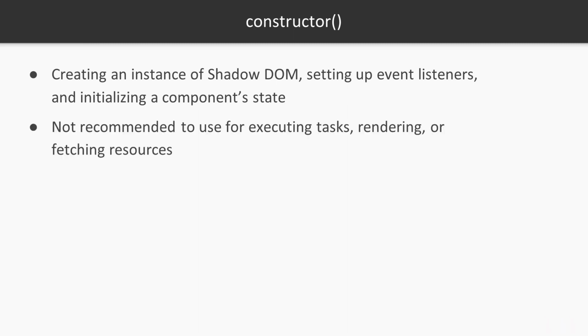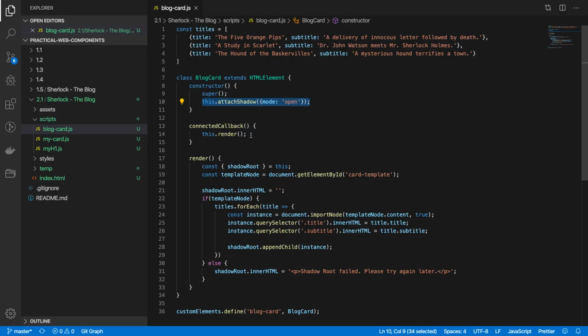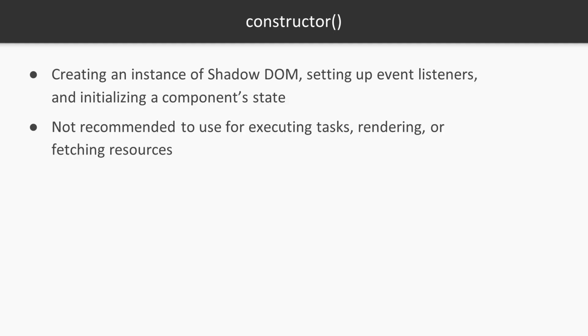Constructor is not recommended for executing tasks, rendering, or fetching resources. As you can see in our code, although we have created a different function called render, we have moved the entire rendering part inside connectedCallback. That's why constructor is not recommended for executing tasks, as its simple job is to set up everything.